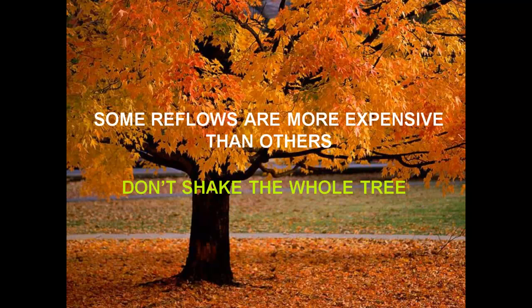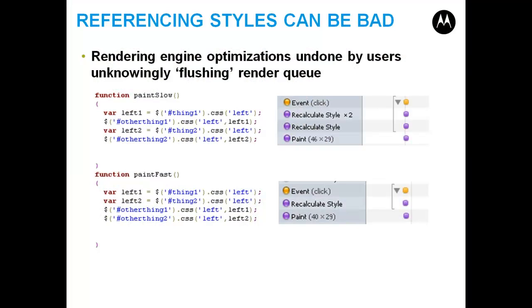Every time it has to reflow, it's more processing consumption, and on mobile, that's not good. You're going to see lagginess in your application, it's not going to be smooth, and oh, by the way, you're going to make the device run out of battery a lot sooner than it really needs to. So just be careful. That's a general rule of thumb as we're looking at this. All right, so let's go through some examples.